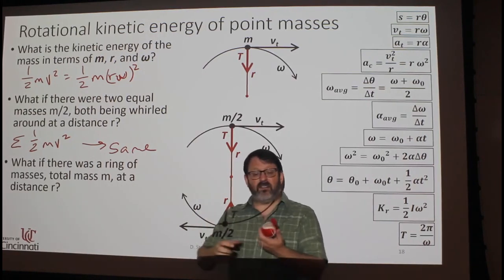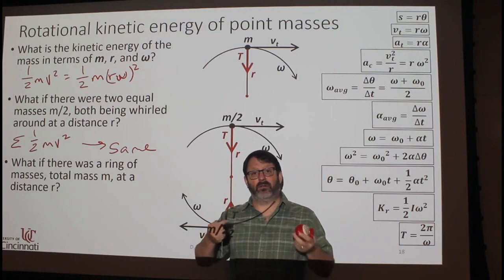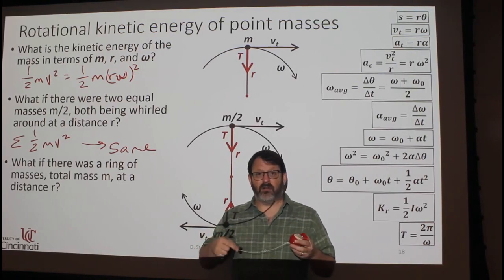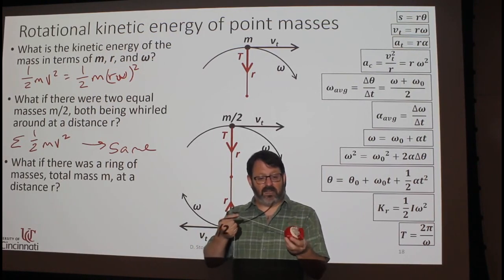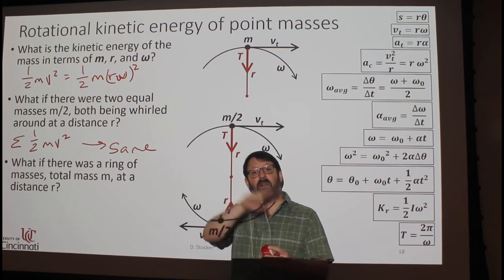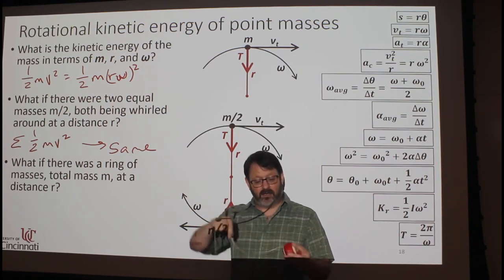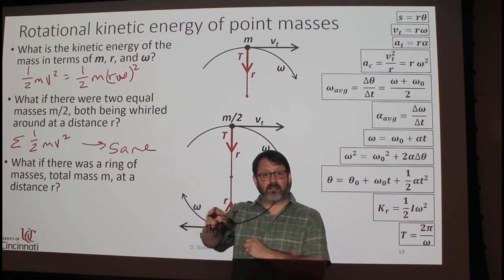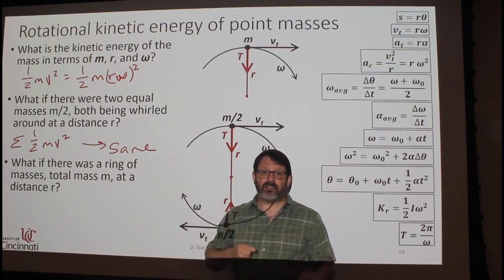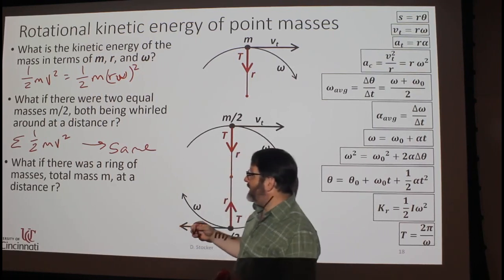What if I split it into 4 or 8 or 20 or 9,750 different balls? Add all their masses up, it'll be the same mass, they'll be at the same distance, the same speed. You'd actually have the same kinetic energy.